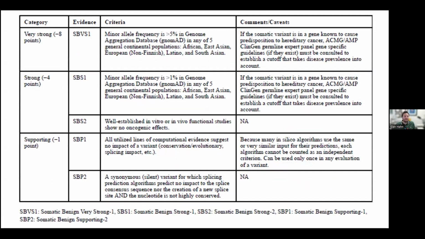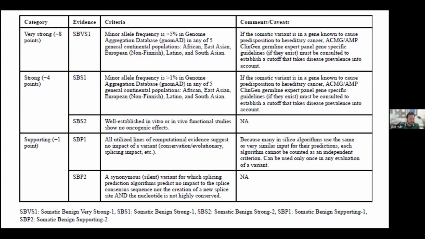And then we move to benign categories. So benign evidence. The top one, very strong benign evidence, is that it's present in more than 5% of any of 5 general continental populations. And then we go down more gnomAD evidence. Then we have in vitro or in vivo functional studies that show that there are no oncogenic events.